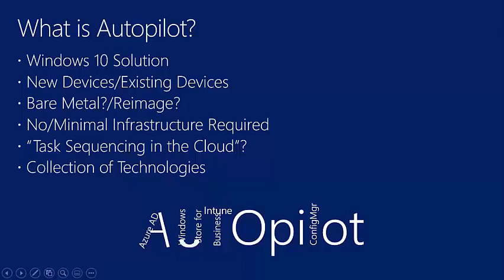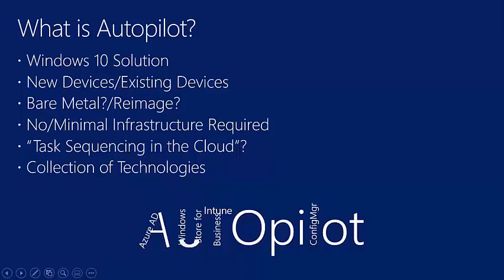There are other pieces that work alongside of it, such as the Microsoft Store for Business, Intune, certainly third-party MDM providers, even Azure Active Directory. All of these are integral to making Autopilot do what you're going to see that it does. Also, configurations can integrate with other existing infrastructure. That's where I mentioned minimal infrastructure required. So if you have Config Manager, as you'll see, we can absolutely integrate with Config Manager.